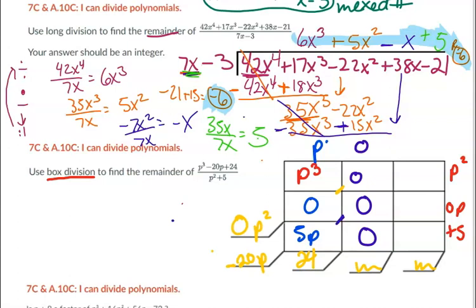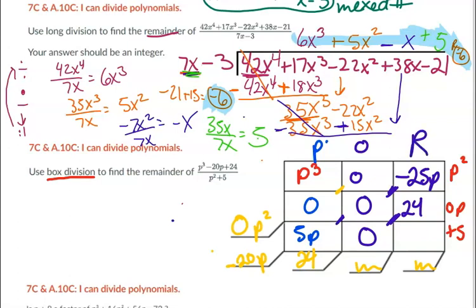So we know that if we add all three of these together, it has to give you negative 20p. We have 5p, so we're going to have to do negative 25p to make it into a negative 20p. And then for these two, we have to get 24, so we put 24 right here. Right here, we can't multiply something here to get negative 25p, so this is going to be your remainder.